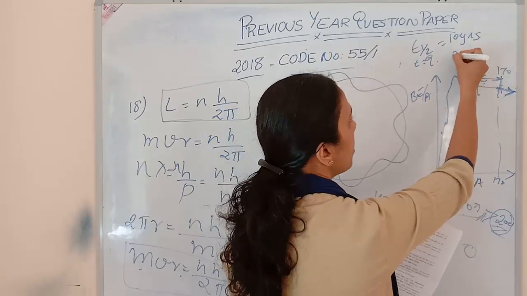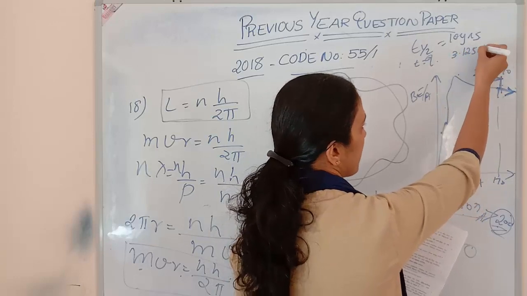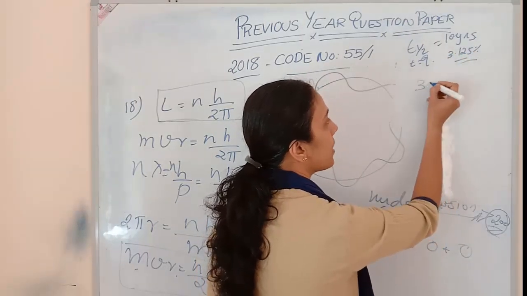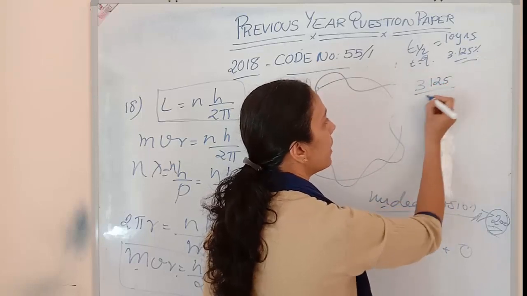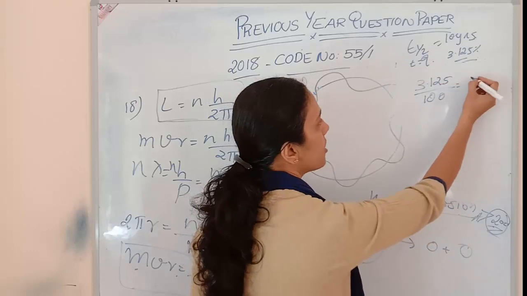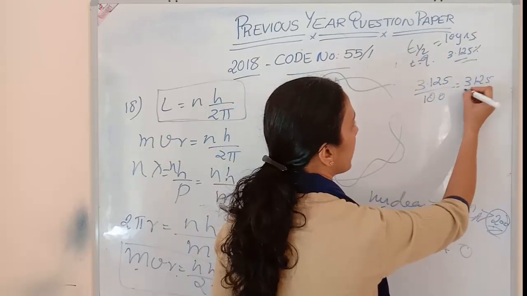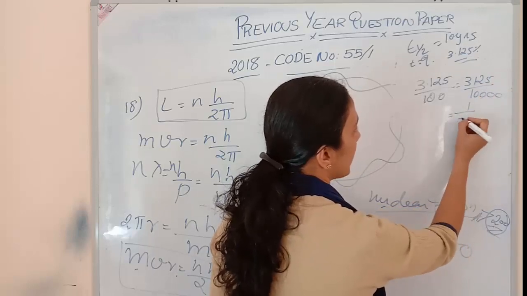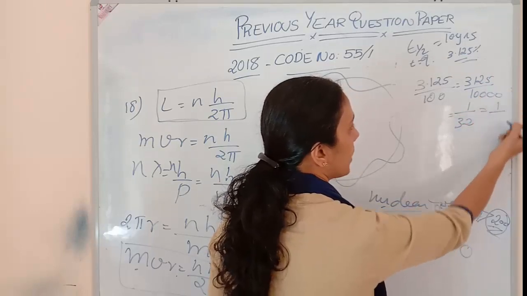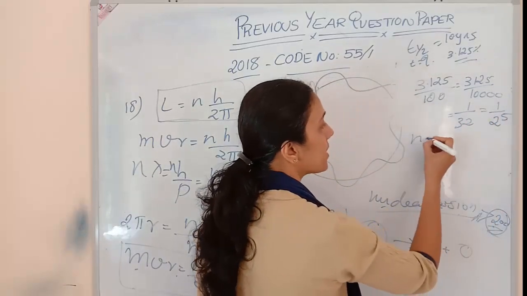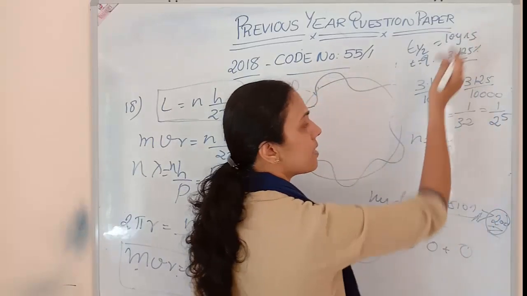It is reduced to 3.125%, which means 3.125 divided by 100. While solving, we will get 1 by 32, which is equal to 2 to the power 5. So n is 5.